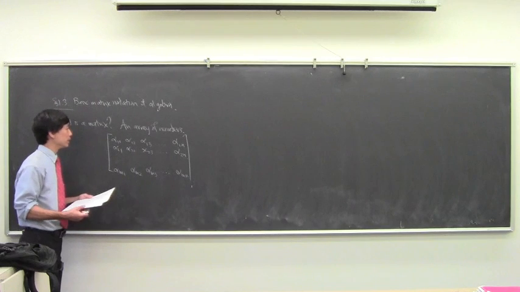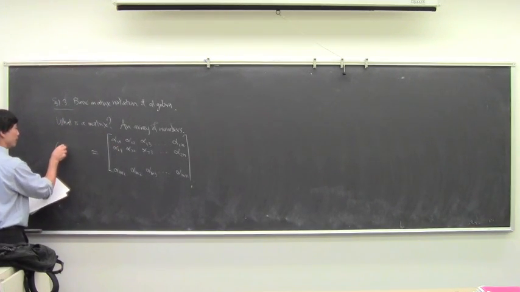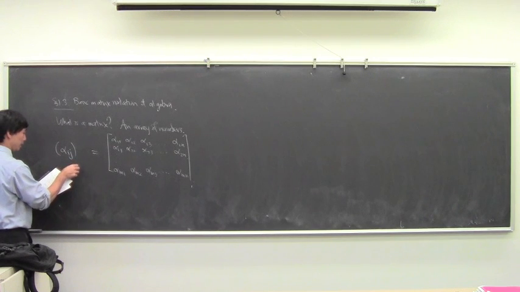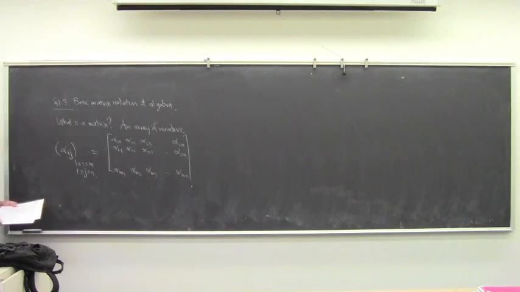This is usually how it's notated. One abbreviates this as alpha ij, as i goes from 1 to m, and j goes from 1 to n. So this is an m by n matrix.